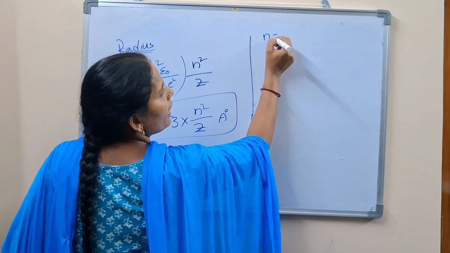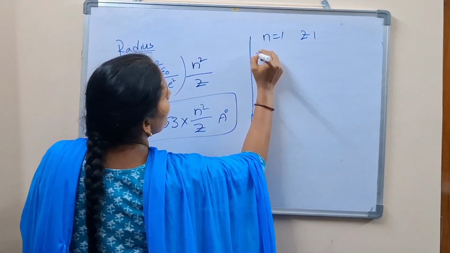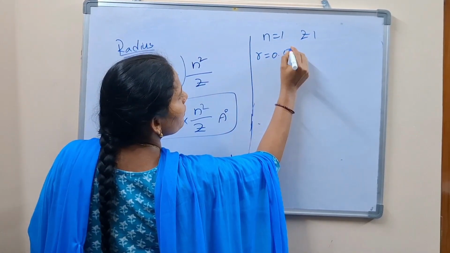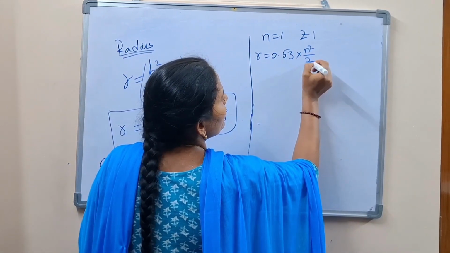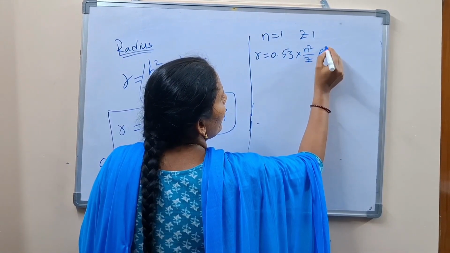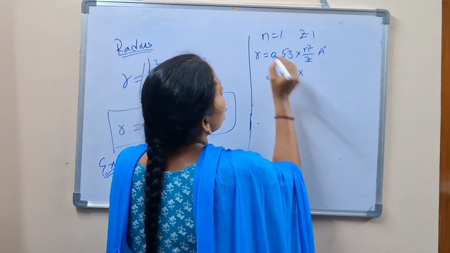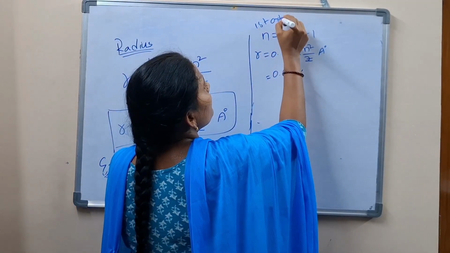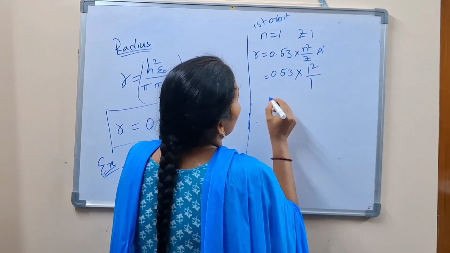For first orbit, n equal to 1, z equal to 1. What is the formula? R equal to 0.53 into n square by z in angstroms. 0.53 into, for first orbit, what is n? 1 square by 1.